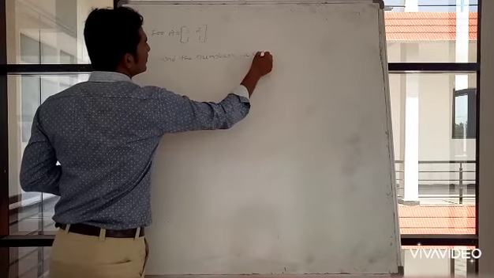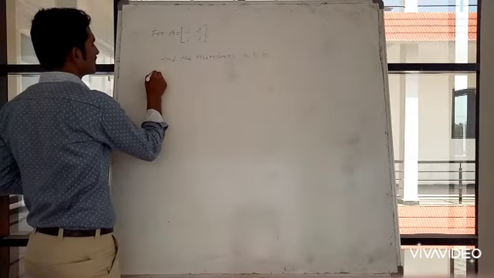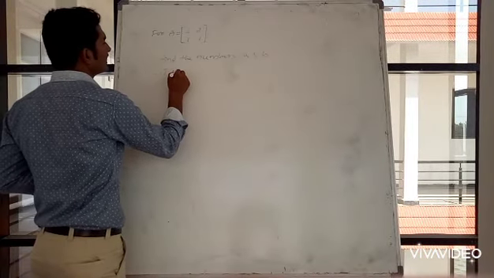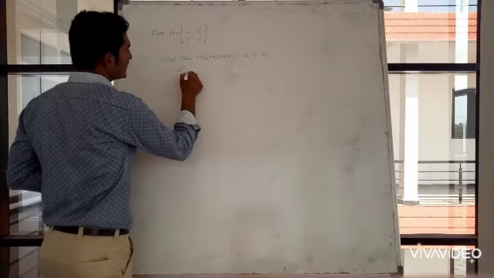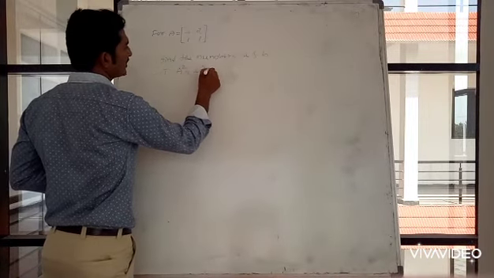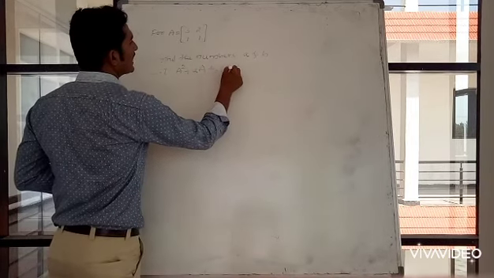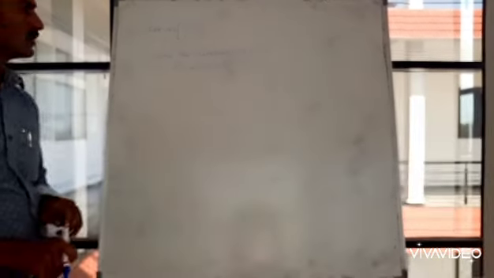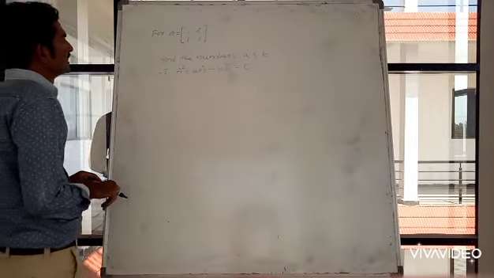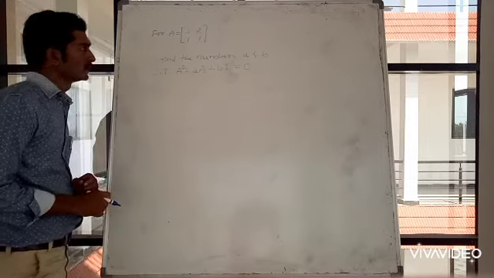a and b such that A square plus a into capital A plus b into I is equal to O, meaning the zero matrix. Then what are these a and b?